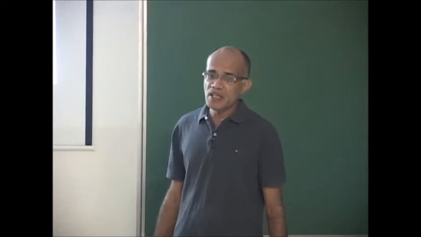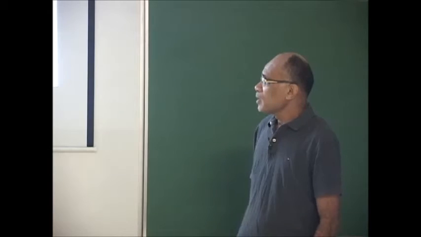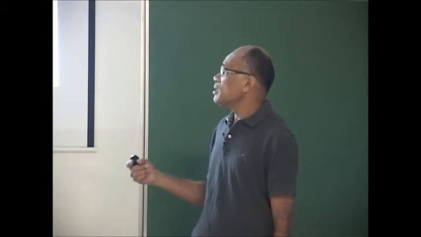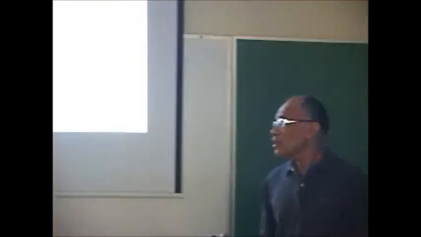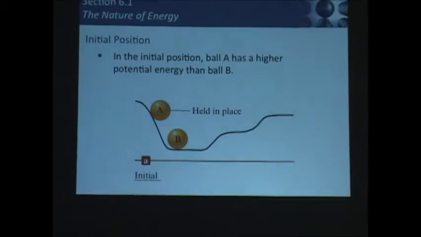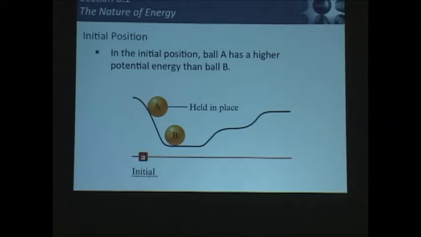If you roll a sphere downhill, as in the diagram, you see that in the initial position, ball A has a higher potential energy than B. You can see that because of the height difference, as I mentioned, that's what the potential energy is often related to. Now, if you roll that, the energy is going to be converted to kinetic energy, and also energy lost as heat due to the frictional force between the sphere and the surface of the hill. And once they collide, that energy is going to be transferred.